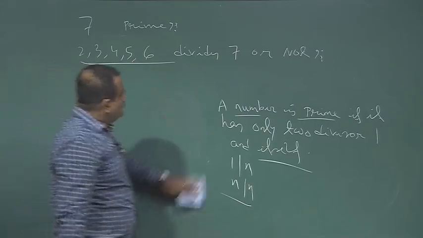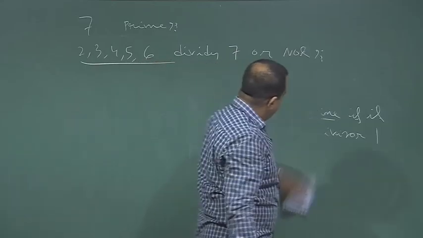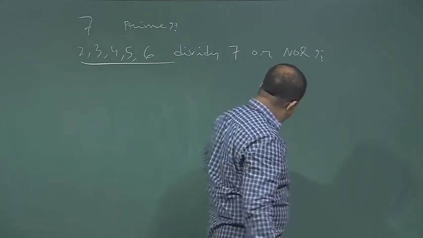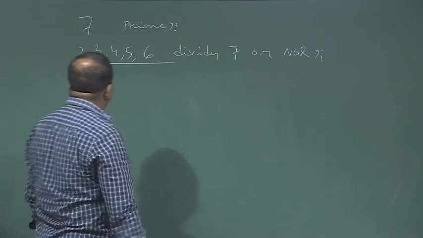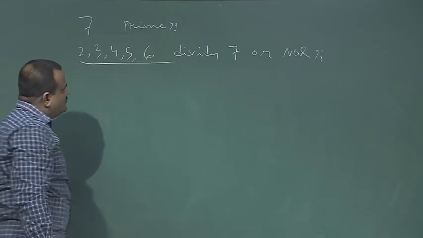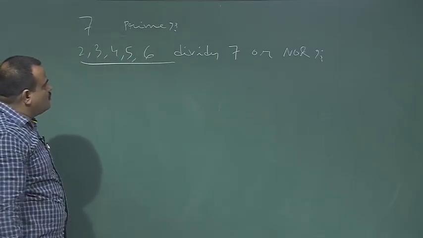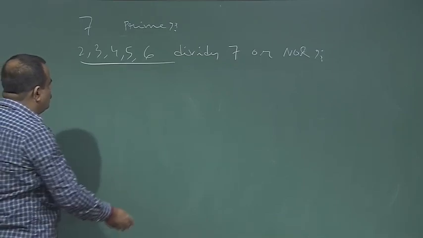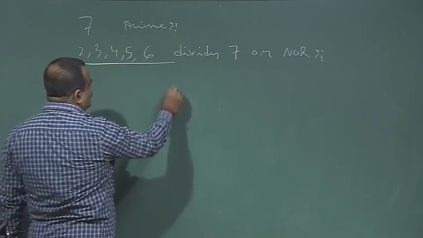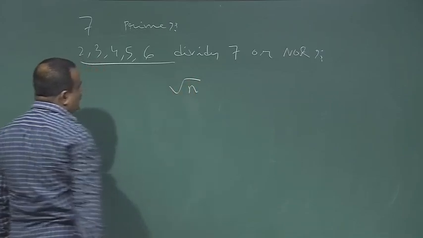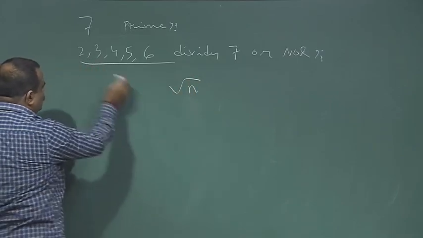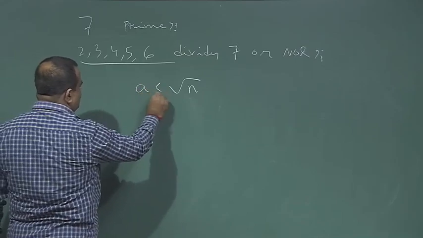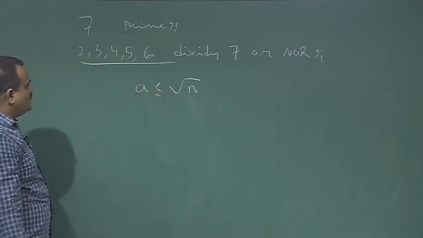If instead of 7 we have some big number n, do we need to go up to n-1, or can we just go up to the square root of n? With this method we check up to the square root of n. Why?